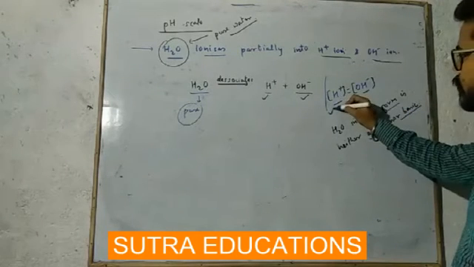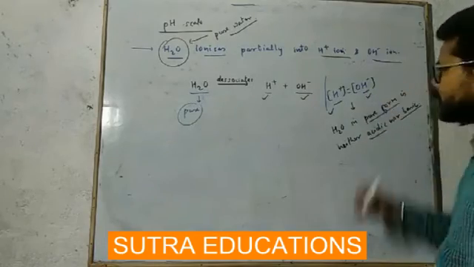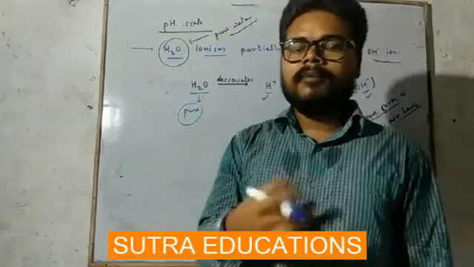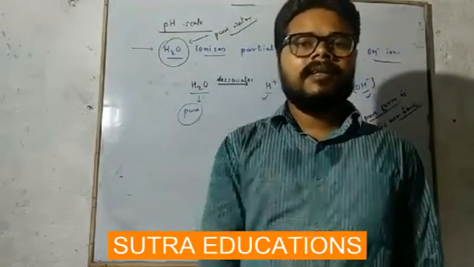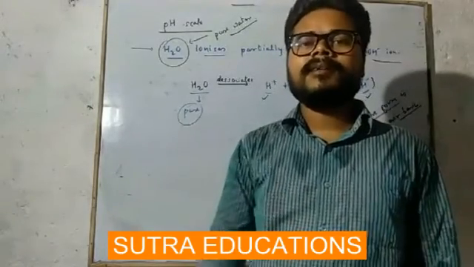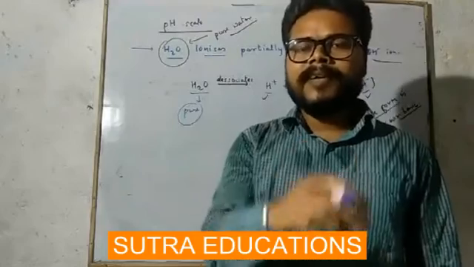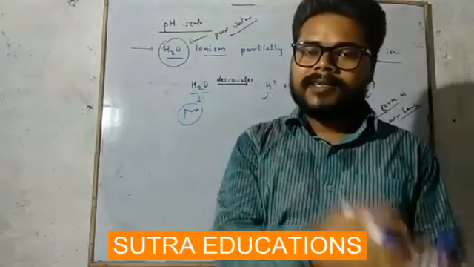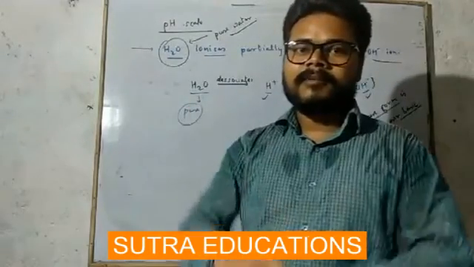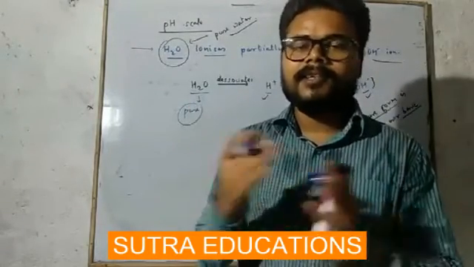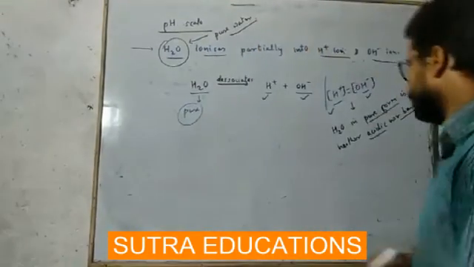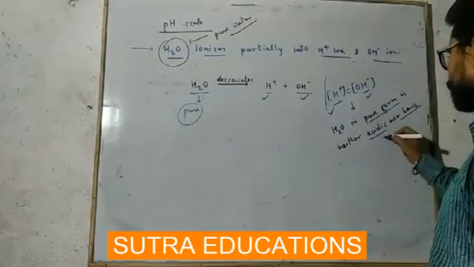Because concentration of H plus ion is equal to OH minus. H plus ion means acidic nature, OH minus ion means basic nature. So if acidic nature is equal to basic nature, it is neither acidic nor basic. It is neutral. So pure water is neutral.